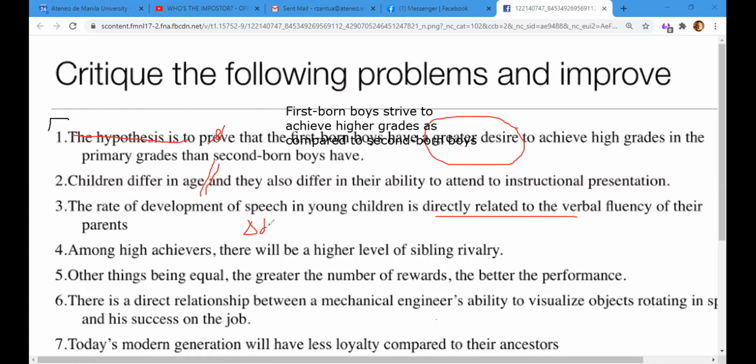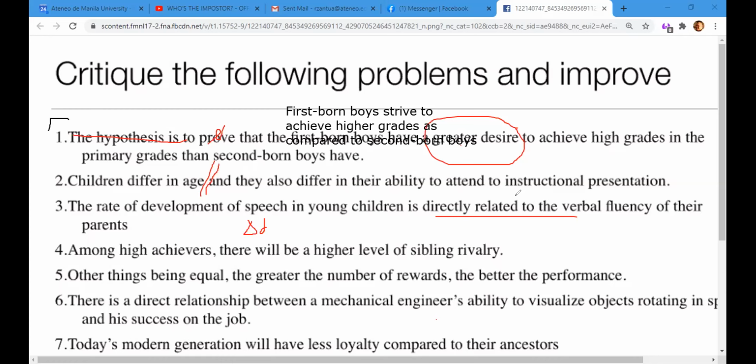Oh, parang, I don't know, the third one doesn't seem problematic to me. Baka lang itong directly related dahil ang past tense-ish. Ay, hindi siya past tense. Adjective pala. Well, hindi naman siya past tense since is related.